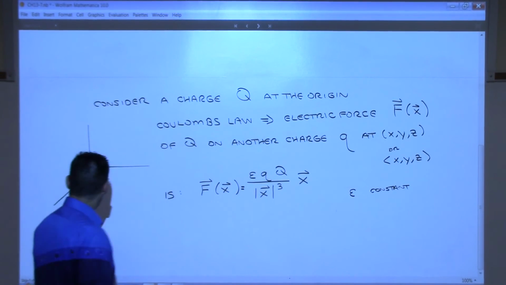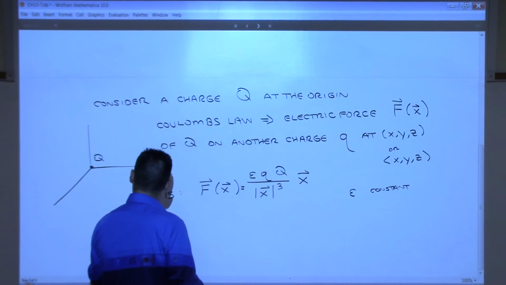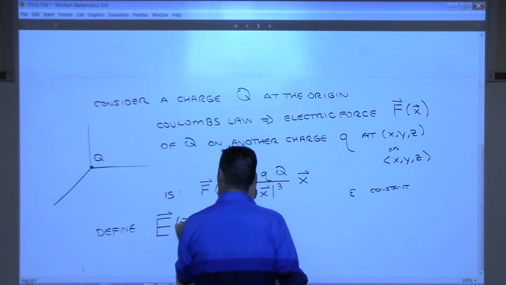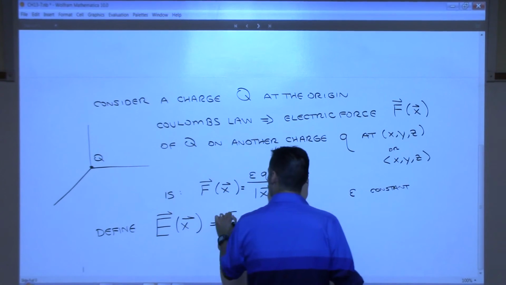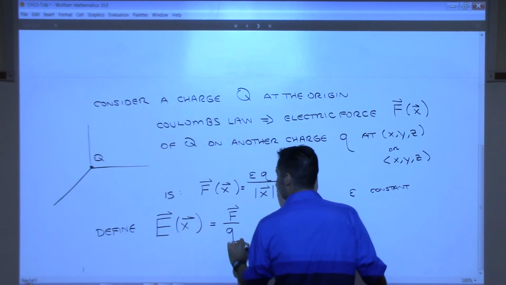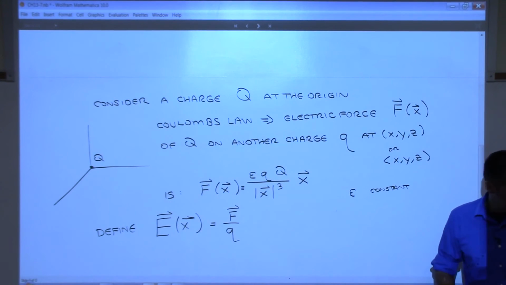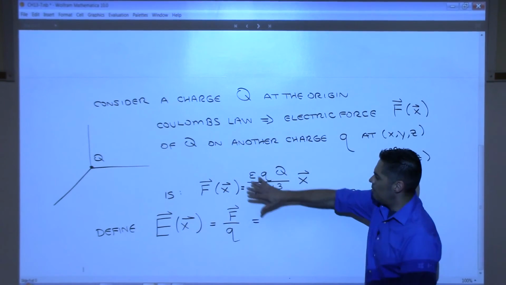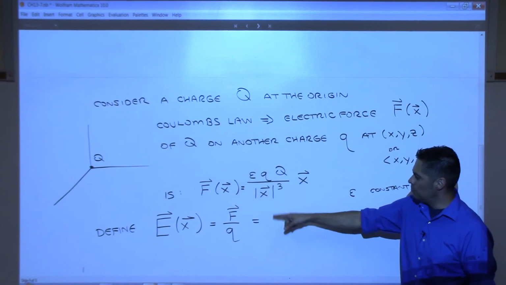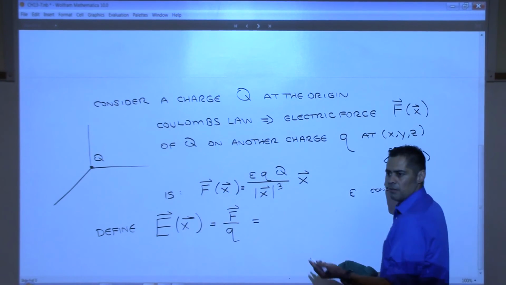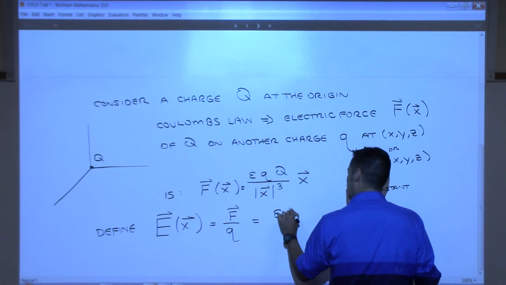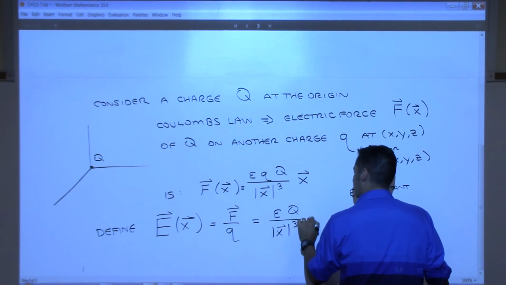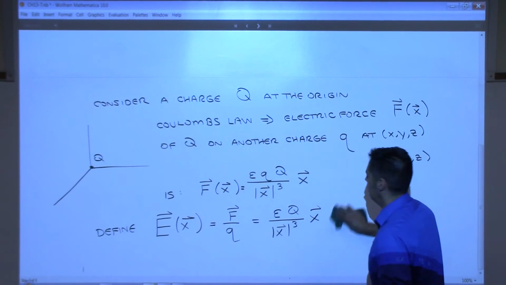If we define a new vector field, capital E of x, to be equal to that field divided by Q, then what would happen if I take this field and divide it by Q? Little q. Little q's cancel, right? And I just get epsilon Q over magnitude of x cubed, times the vector x. Okay?